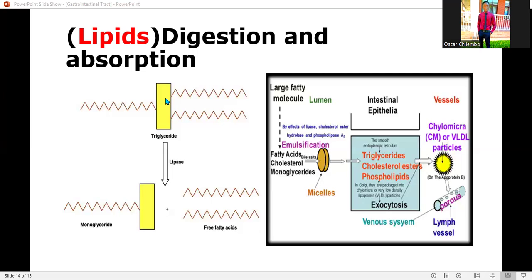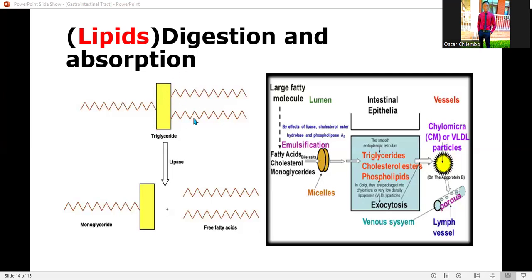The process of emulsification does not involve anything apart from breaking down these lipids into smaller units to create more area for the lipase action.